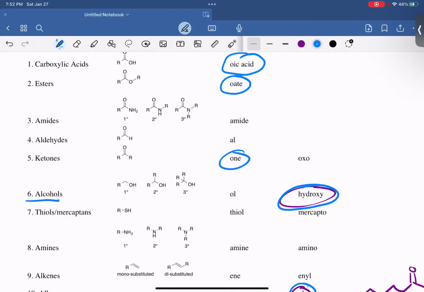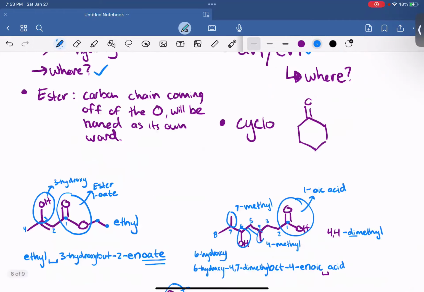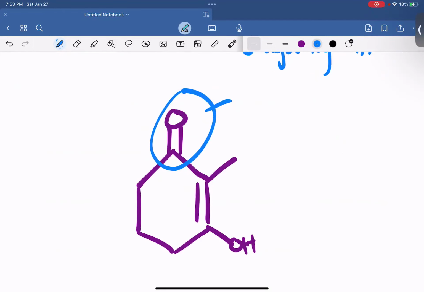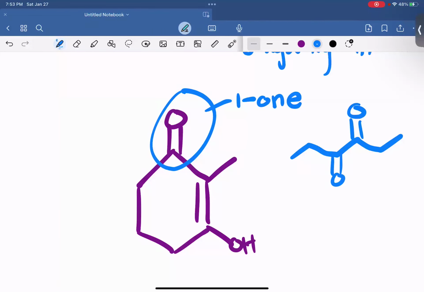It's -one. Where is it? Well, this is where it becomes a little ambiguous. If you have a molecule like this, the ketone could be here, or down here. It's a symmetrical molecule, so it becomes important where the ketone is.